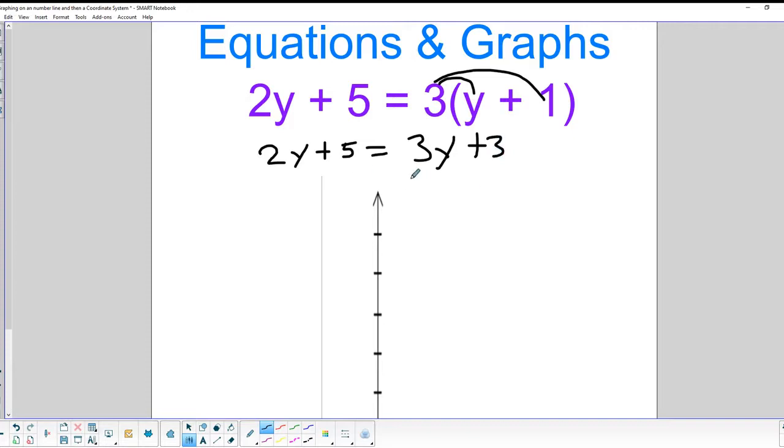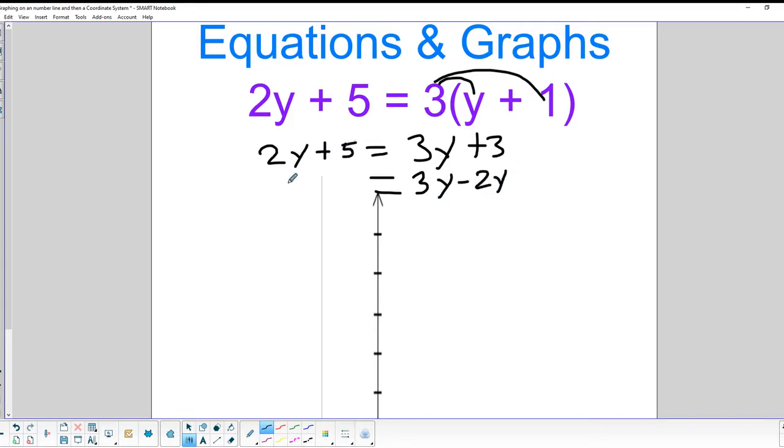Then we told you to move all the variables to one side and all the constants to the other side in order to solve for the variable, which in this case is y. Since I have 3y on the right side, I'm going to move 2y over to be with it. So I'll have 3y subtract 2y on the right side.